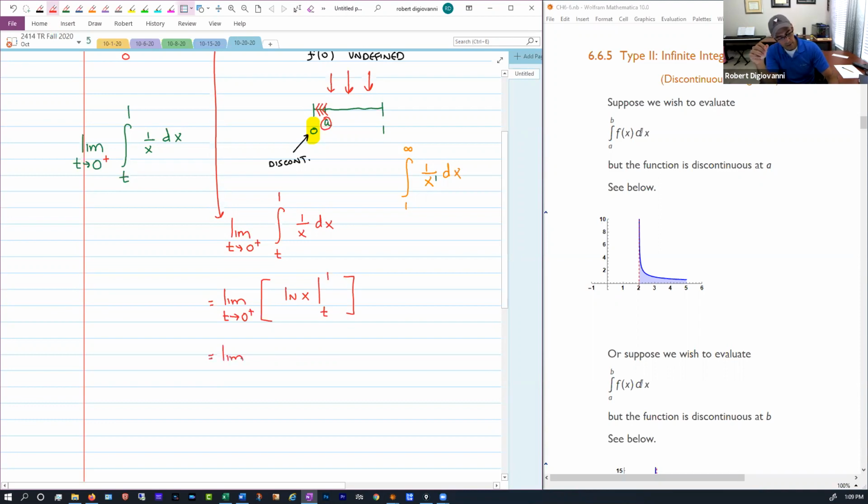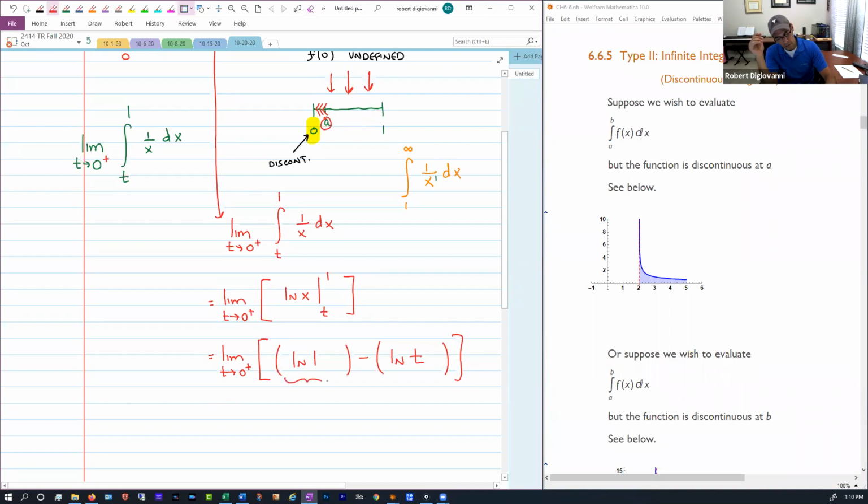Now limit as t approaches 0 from the right of, okay, I'm going to plug in the two things now. Plug in 1 first, natural log 1, and then we plug in natural log of t. And let's see, well, I guess right now we can do this, right?